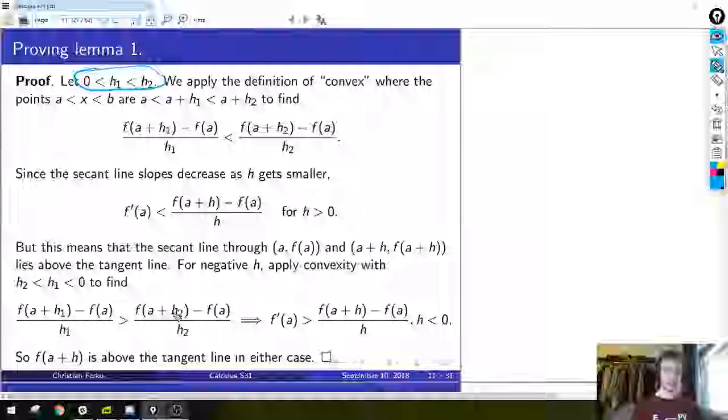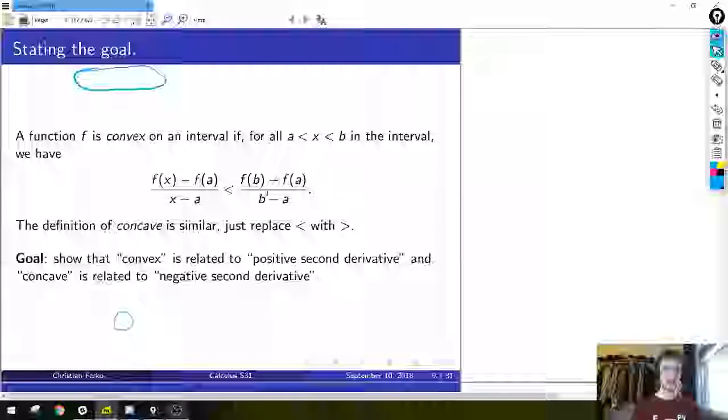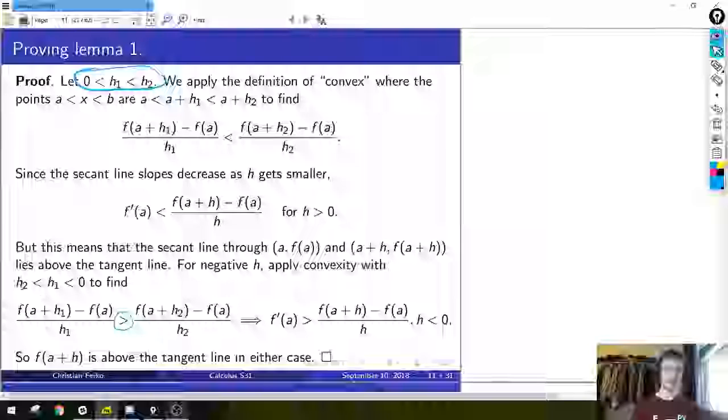And if that's true, then you now need the direction of this inequality to flip, because, well, you can think of this, if you prefer, as dividing by a negative number and reversing the sign of the inequality up here, or you could just think of it as when I plug into the definition of convex, now the identity of a, x, and b are different, right? Because now I've rearranged them so that we have h negative and h2 less than h1 less than 0.